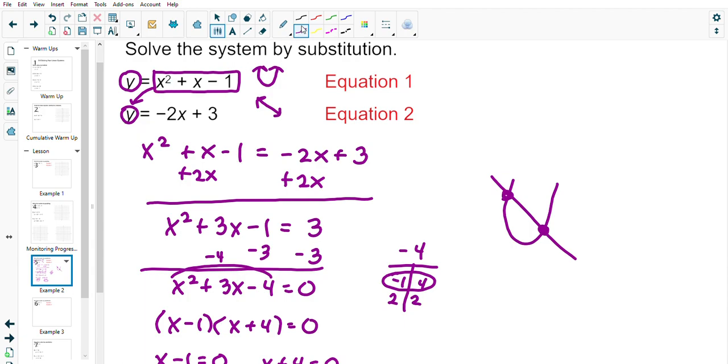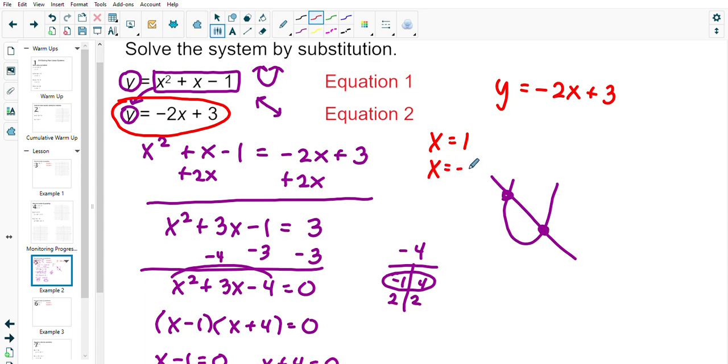I am going to use this one because it is an easier function to plug into. So we have y equals negative 2x plus 3 as our function, and we found x to be 1 and x to be negative 4. If I plug 1 in, negative 2 times 1 plus 3, that means y is going to be 1.